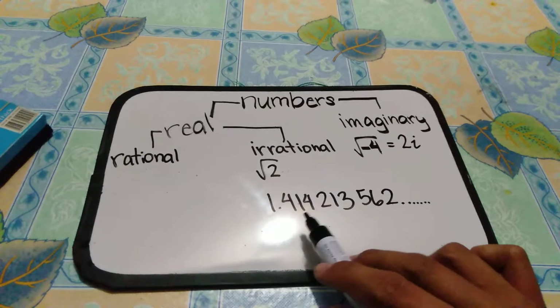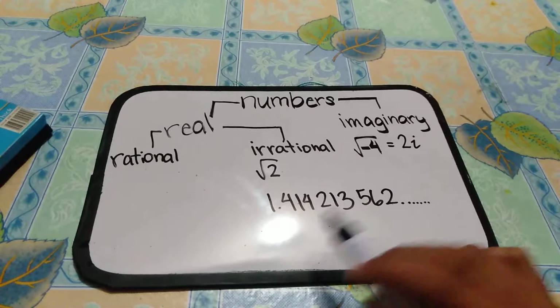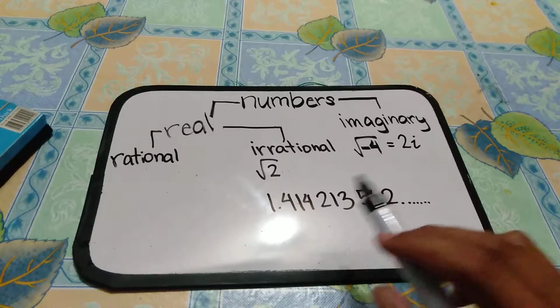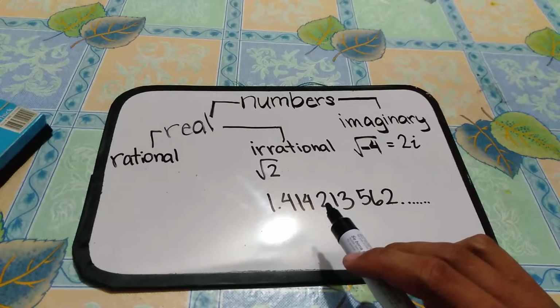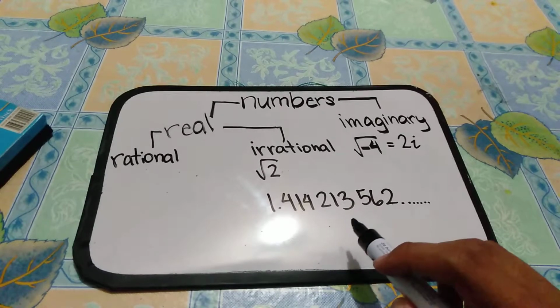The numbers are randomly arranged, and it doesn't repeat, and it is non-terminating. That is what irrational number is.